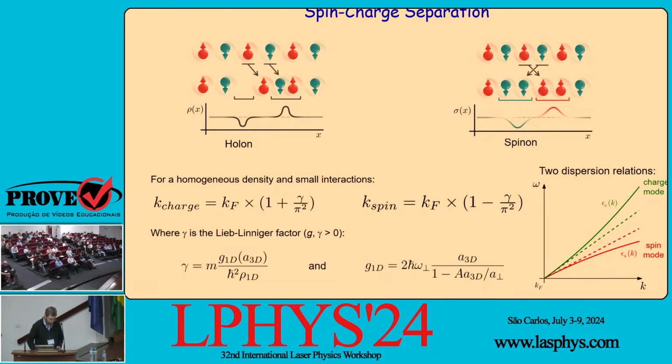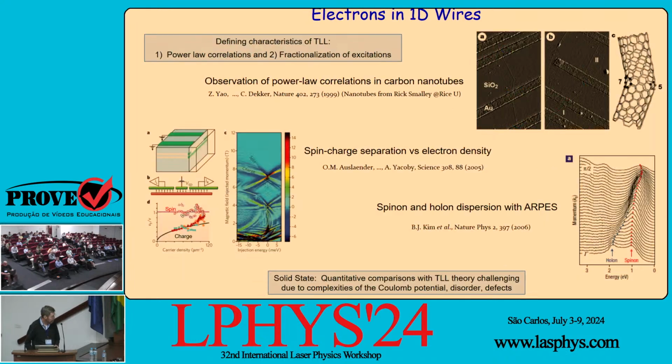So we set out to measure this quantity, and we looked back at what some other people had done in condensed matter. There were things like power law correlations that were observed in carbon nanotubes. These happen to be nanotubes that were made by Rick Smalley's group at Rice, and they could measure the spin and charge excitations in the nanotubes.